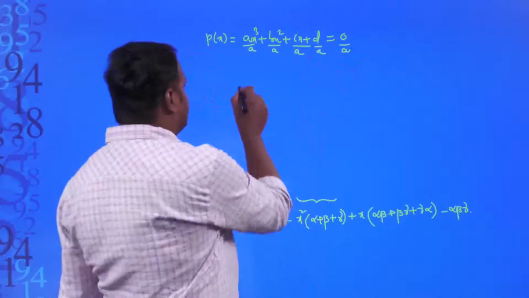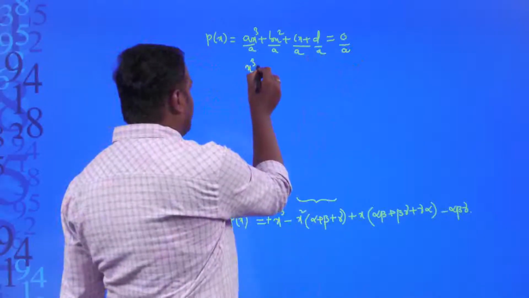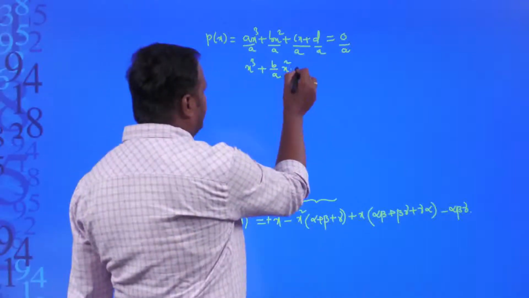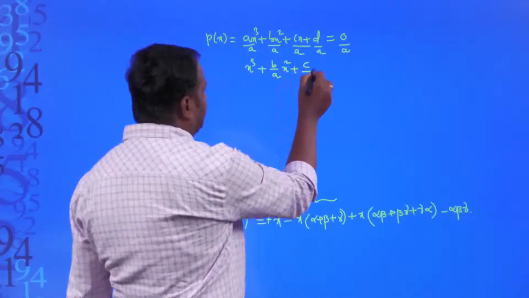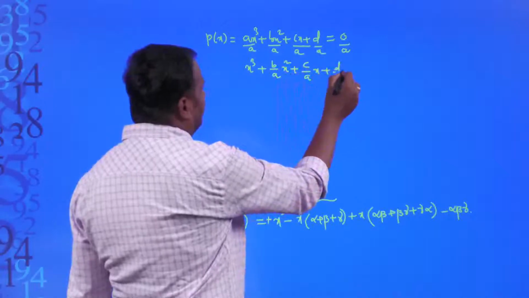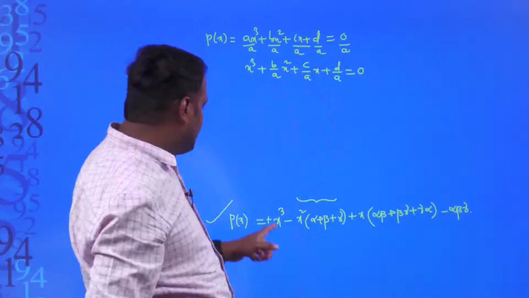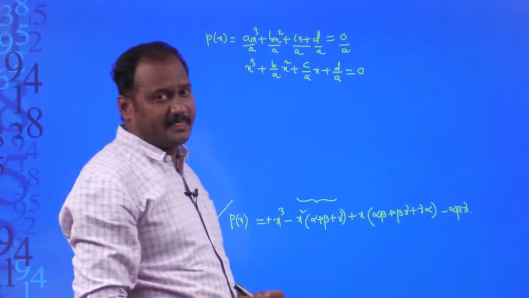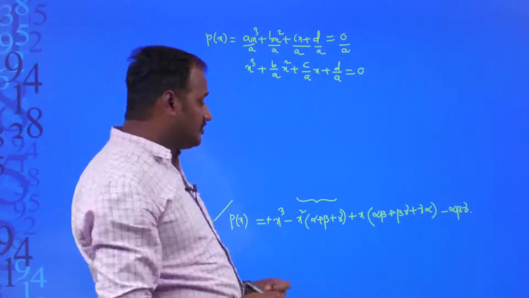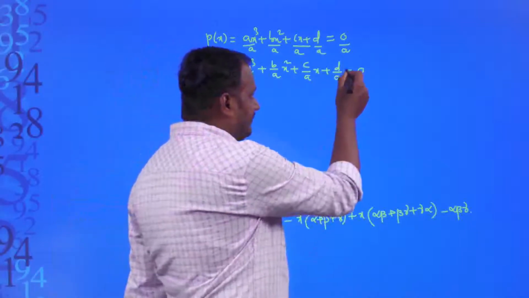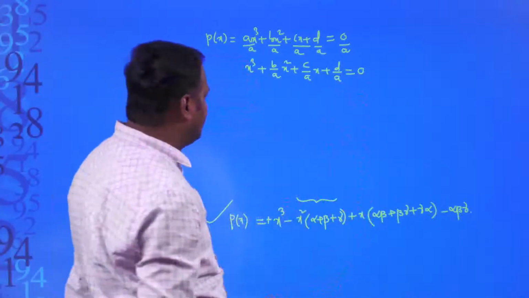Then the first term is x cube plus b by a times x square plus c by a times x plus d by a is equal to 0. Now you will have to compare this with the standard form of a third degree polynomial whose zeros are alpha, beta, gamma. So therefore, I am equating this to this polynomial.